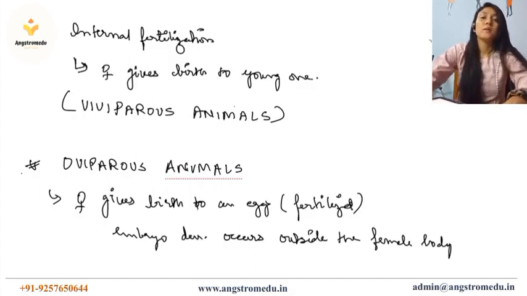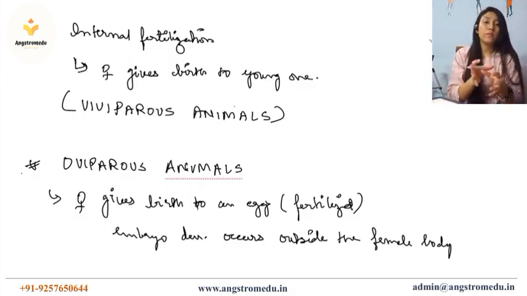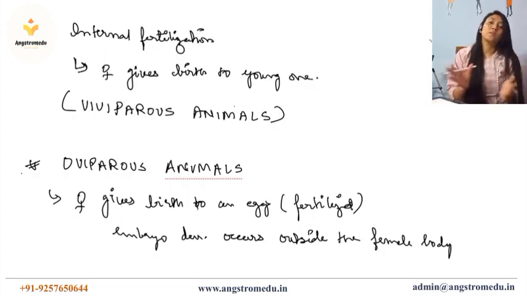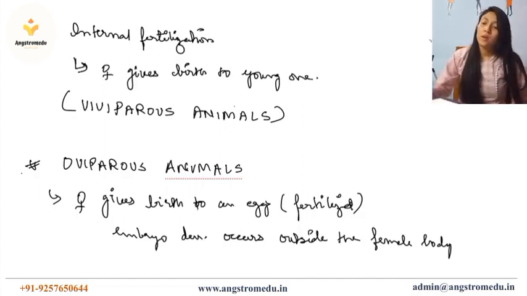Once the developing embryo inside the egg is mature, that developed young one breaks the shell of the egg and comes out as a new organism. So this was all about the chapter.